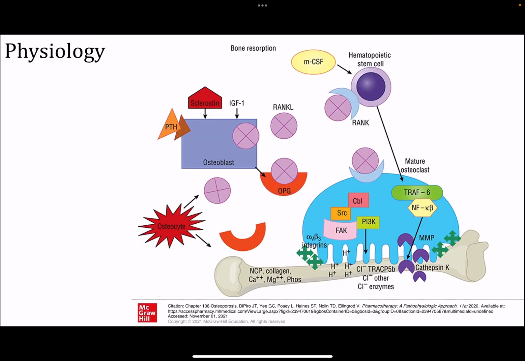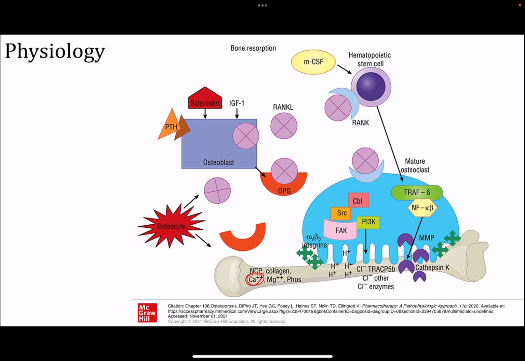The physiology of bone remodeling is complicated. We don't exactly know everything about the process, but I'm going to simplify it for you because it's going to help you remember how these osteoporosis medications work. So right here, I'll just point out we have calcium. That's important for healthy bones.